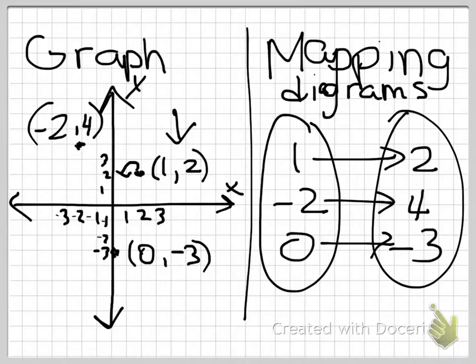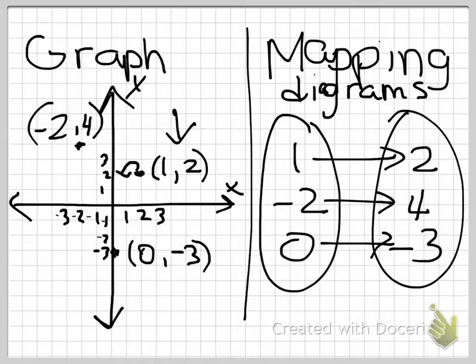Next, we have another ordered pair, (-2, 4). Again, the x-coordinate is on the x-axis at -2, and the y-coordinate 4 is going to be up at the y-axis at 4.